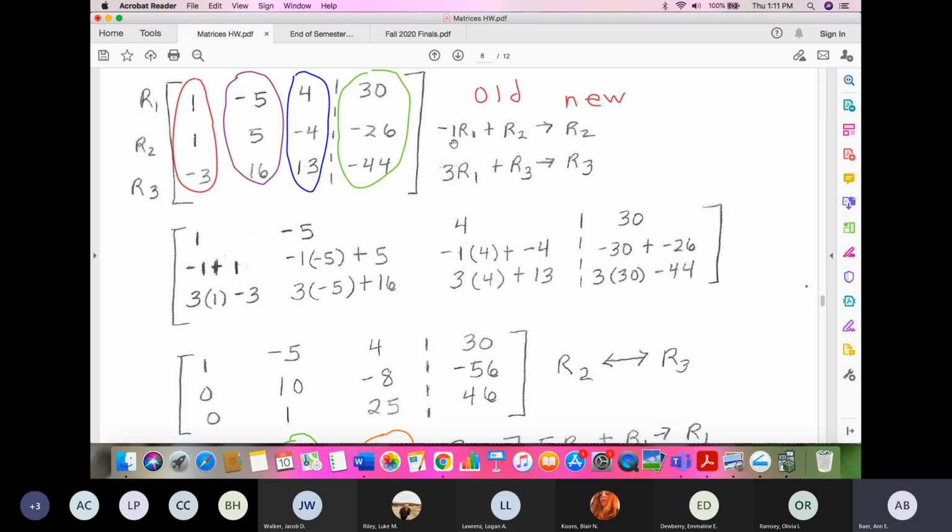We need to do this one, and we're going to put it in row 2. So it's -1. We're in column number 3. -1 times row 1, 4, plus row 2, -4.